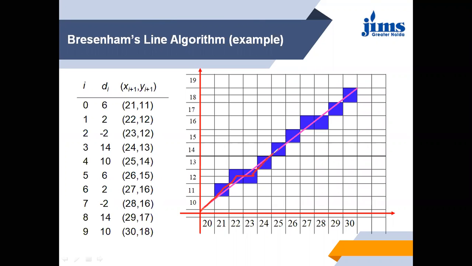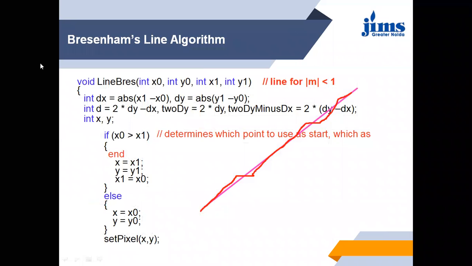From here to here it is in the same direction, and from here it goes this way. This means a zigzag staircase, as we will discuss in the problem in display devices. So this is the Bresenham line algorithm, whatever we have discussed until now.